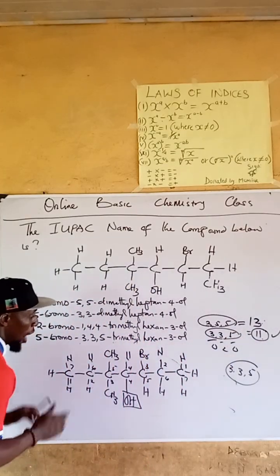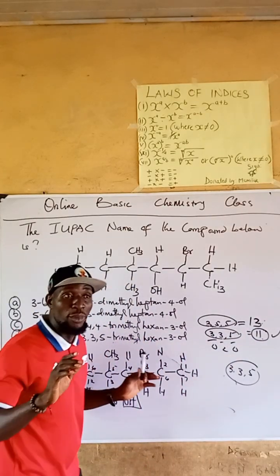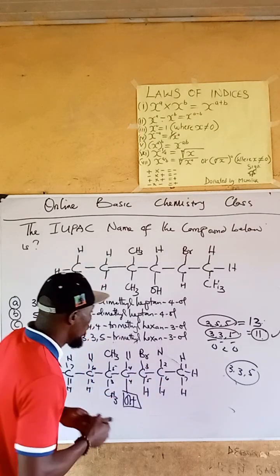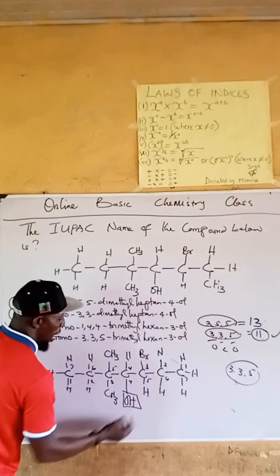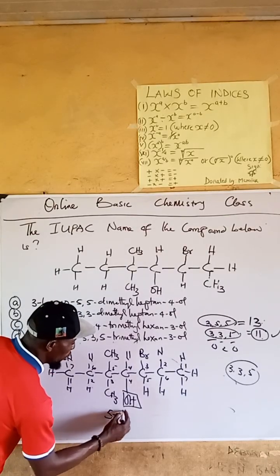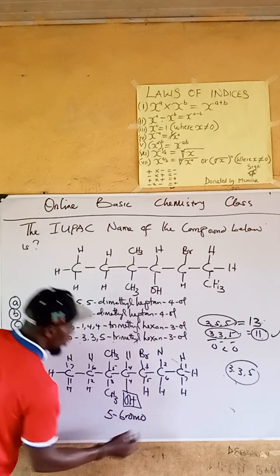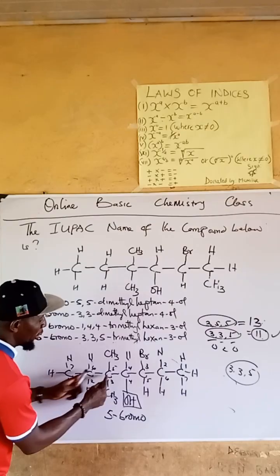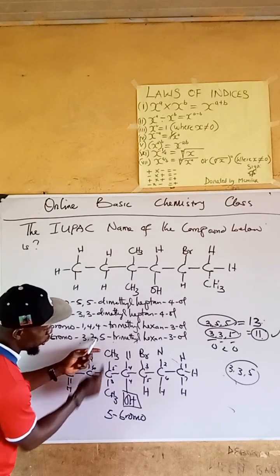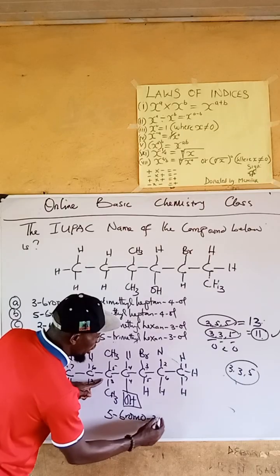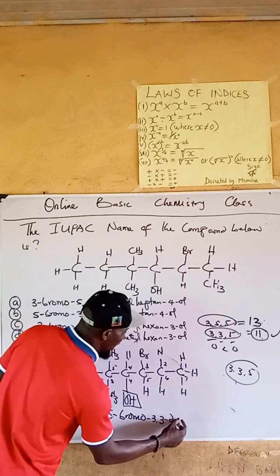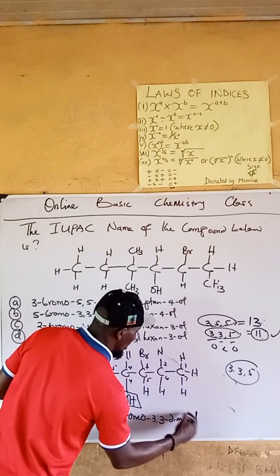So now I will start naming. When you're naming, you name the substituents in alphabetical order. The bromine is at position 5, so this is 5-bromo. Now you have the methyl group at positions 3 and 3, so 3,3-dimethyl.